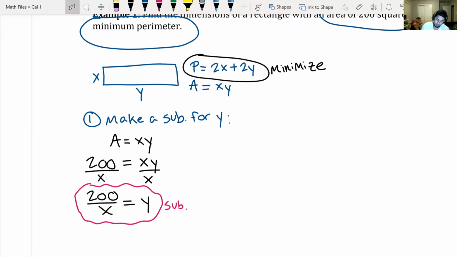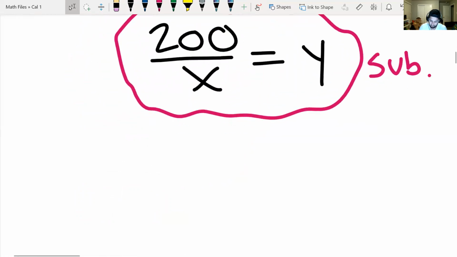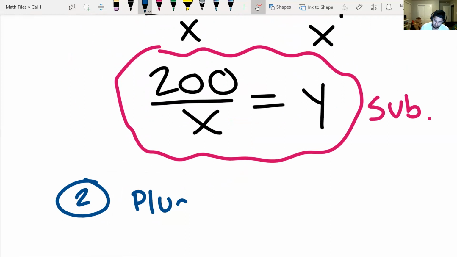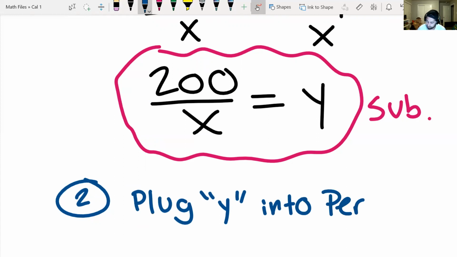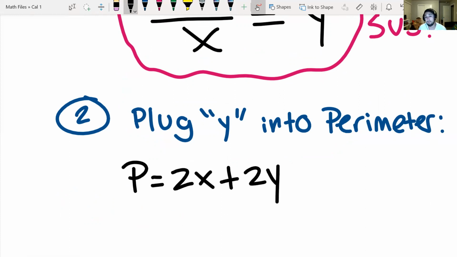Okay, so let's go to step 2. We will plug y into perimeter. So I will rewrite the perimeter equation. Perimeter is 2x plus 2y.